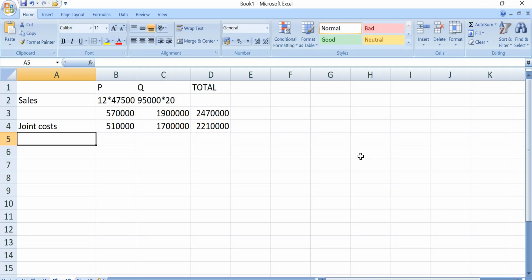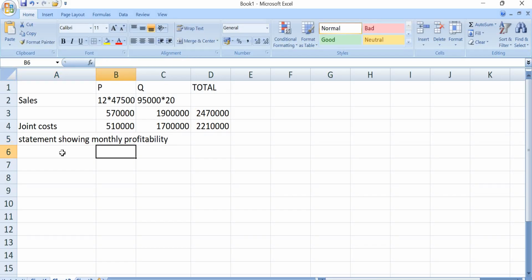Now we can prepare the profitability statement. Let's prepare the statement showing monthly profitability.